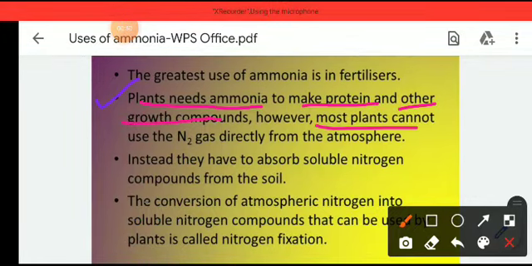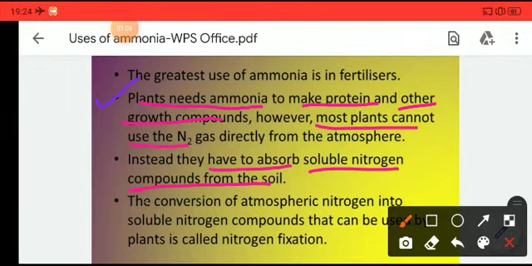However, most plants cannot use nitrogen gas directly from the atmosphere, so they need to absorb soluble nitrogen compounds from the soil. So we should make fertilizers that contain nitrogen or nitrogen derivatives in soluble form.